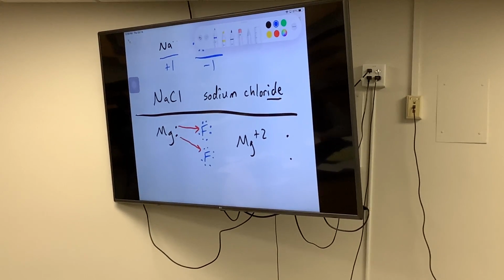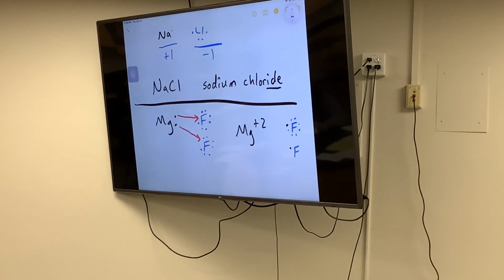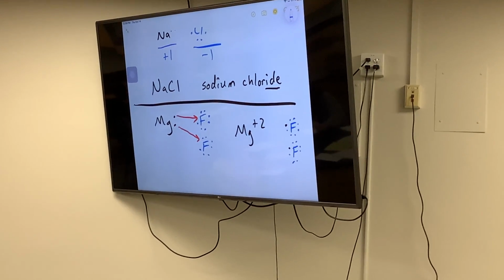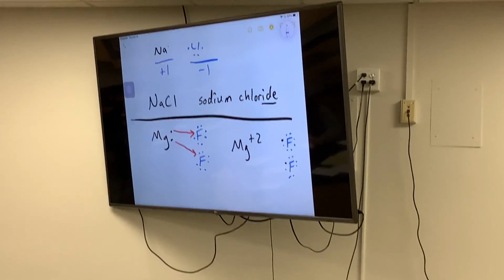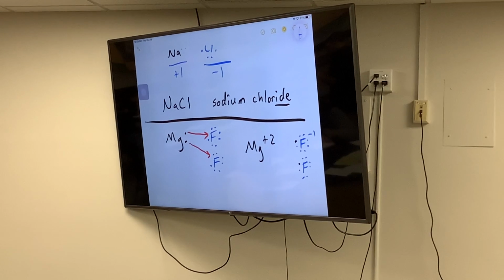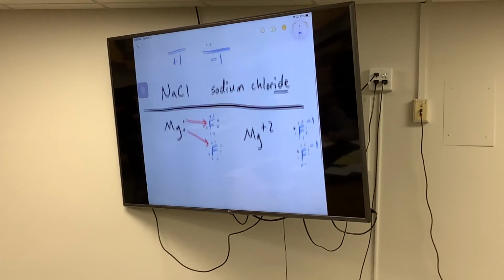Then we're going to have our fluorine atoms. Each of those fluorine atoms started with 7 valence electrons. They took 1 from magnesium. So when it takes that 1, it's going to become -1. And each of them are a -1.